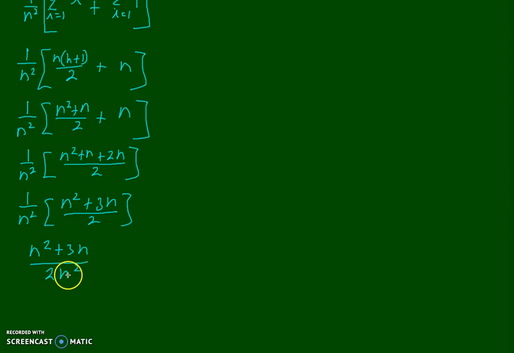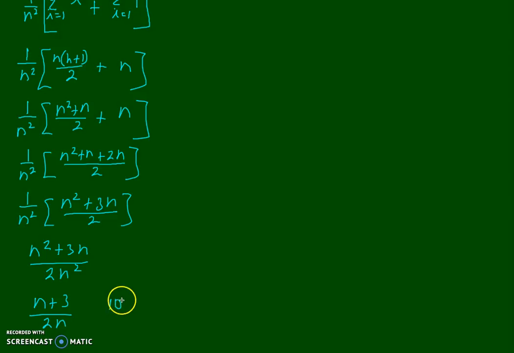Now, we can see that we have a common n term all throughout here. So we're going to divide all these things by a common n. So we have n plus 3 over 2n. So this is our final expression, and we're going to evaluate this at n equals 10.